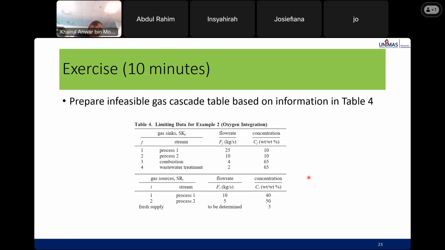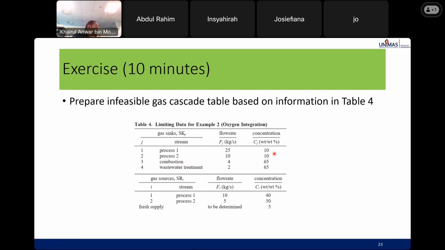After that, you need to rearrange the streams in ascending order from low to high concentration. From low to high, so 5, you have 210 and 265. So that one you can combine.